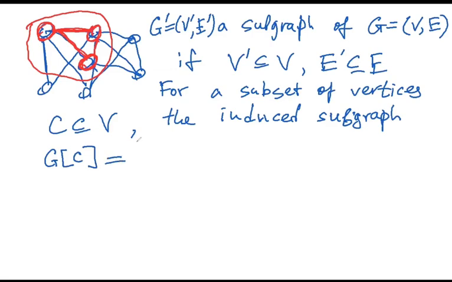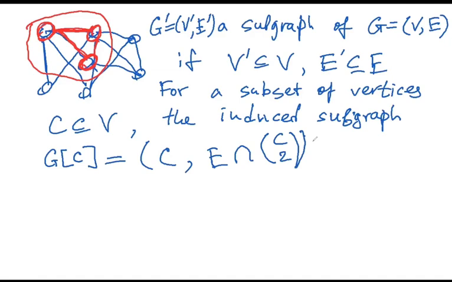So it has essentially C as the set of vertices, and the intersection of E with the edges from C, which we denote by C choose 2, would be essentially pairs of vertices from C. So this is your set of edges, right?